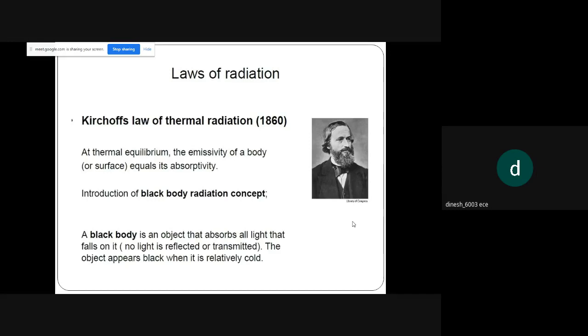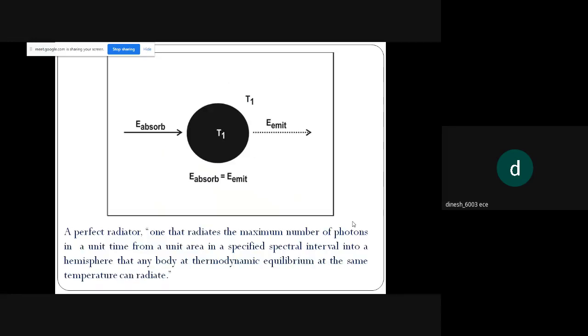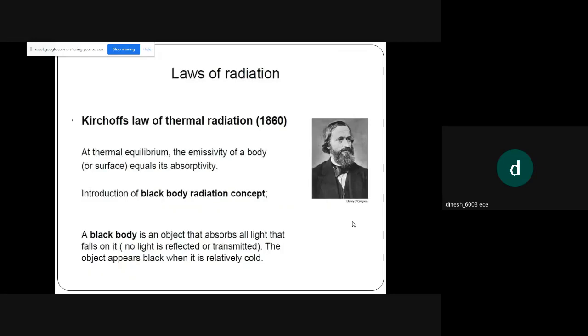A black body is an object that absorbs all the light that falls on it. That is, no light is reflected or transmitted. So the object appears black when it is relatively cold.